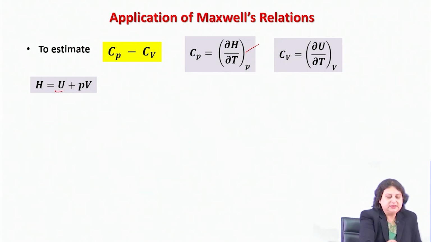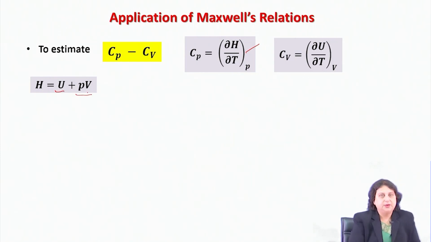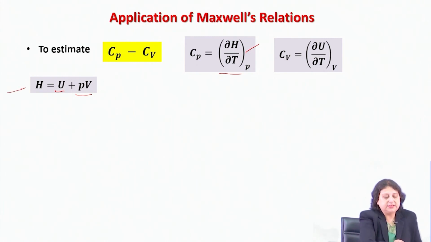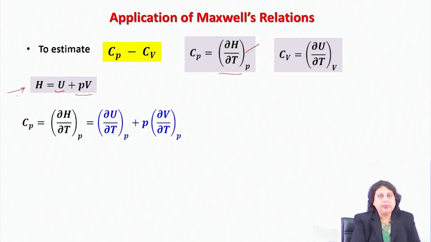That is H equals internal energy plus PV. What is the quantity that I am interested in knowing about enthalpy? That is del H del T at constant P. So I will take a derivative with respect to T under isobaric condition on both sides of this equation.